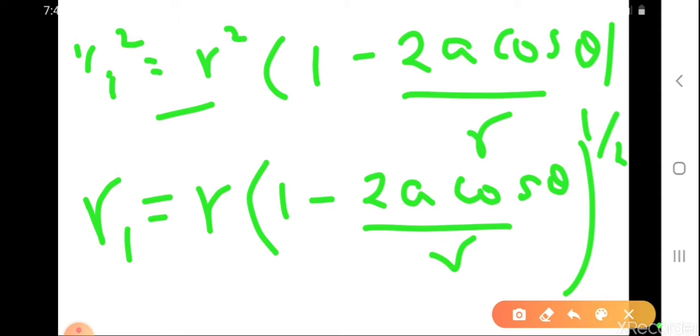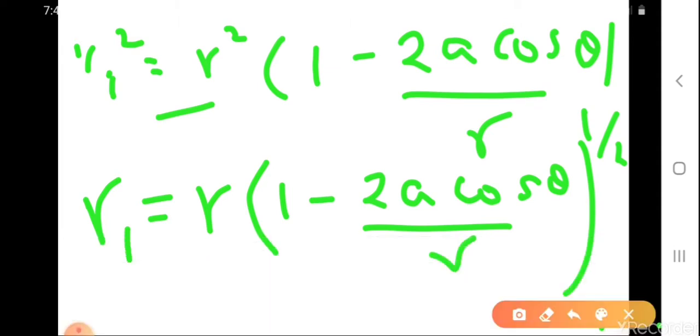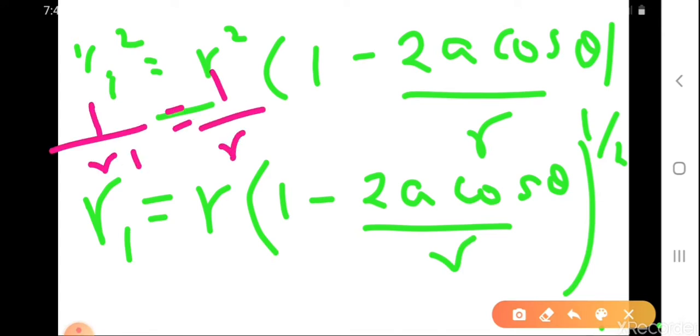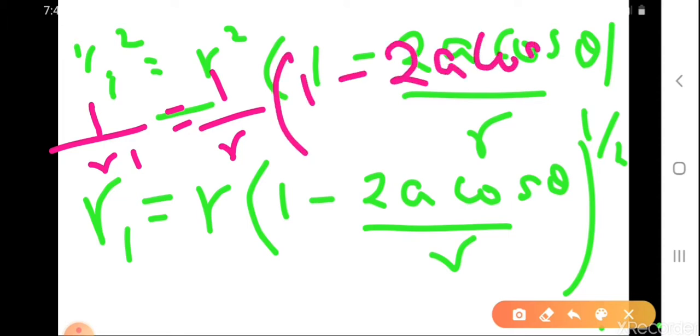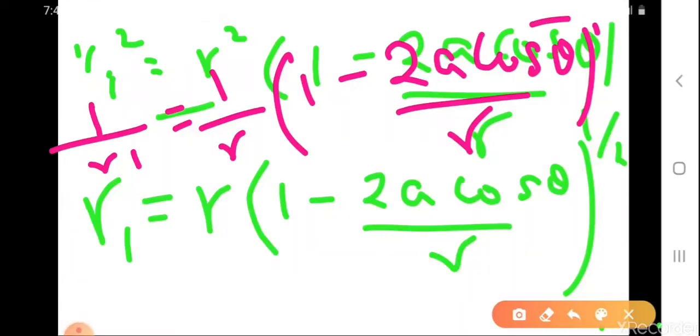If we find 1 by r1, how will this formula change? 1 by r1 is equal to 1 by r into 1 minus 2a cos theta by r to the power minus 1 by 2.